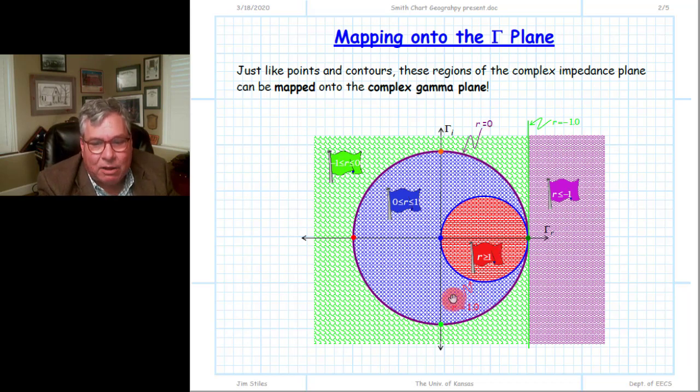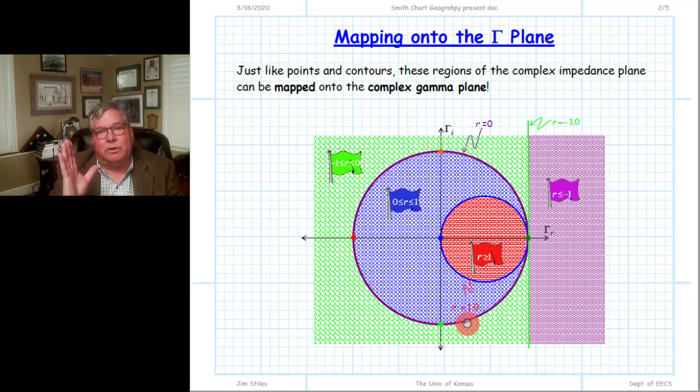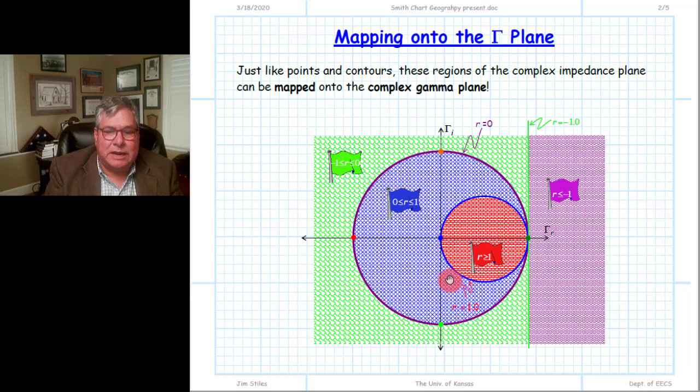We also know now that the vertical contour of r equal to 1, that vertical contour in the normalized impedance plane, will map to a circle on the complex gamma plane, which is this blue circle here. That circle, that contour, intersects the open circuit, as all of our contours do, but also intersects the origin of the complex gamma plane.